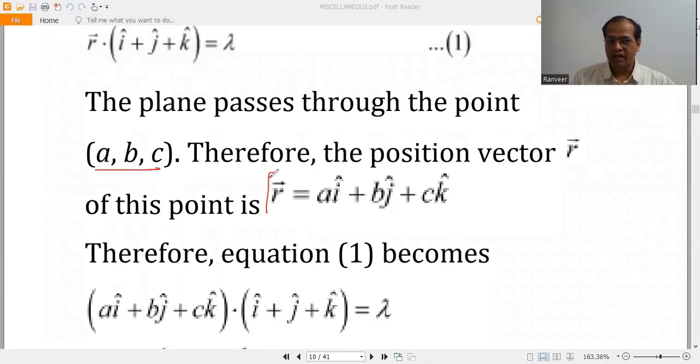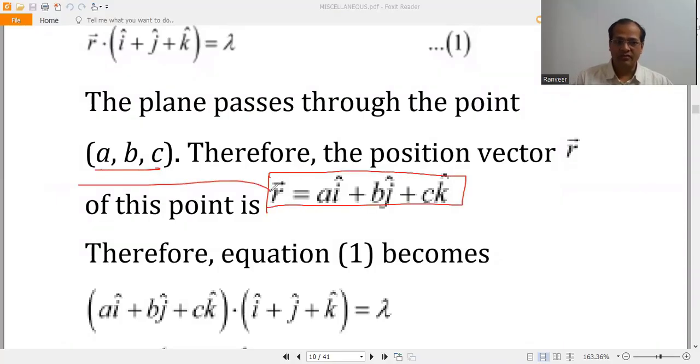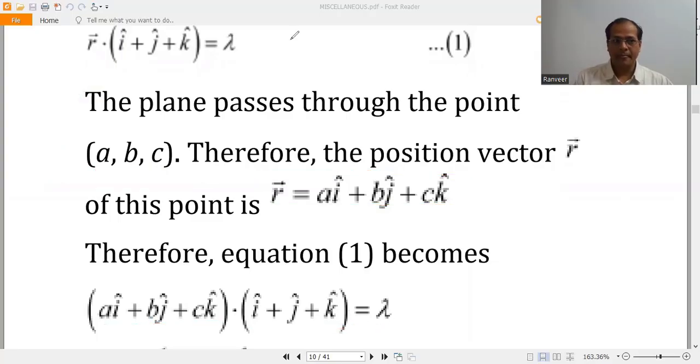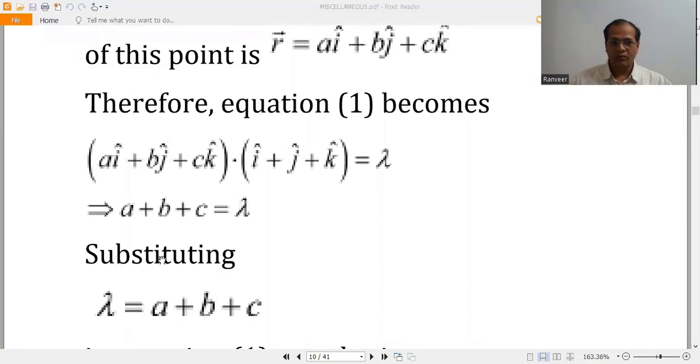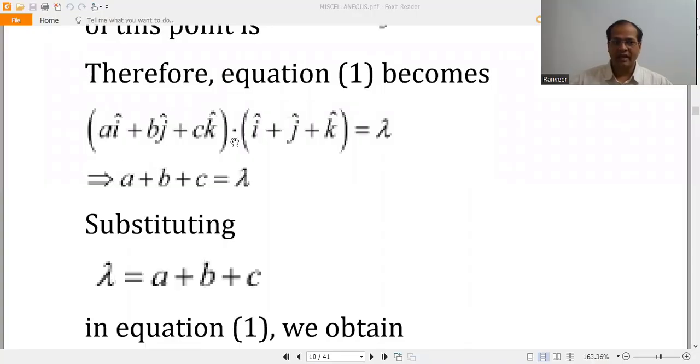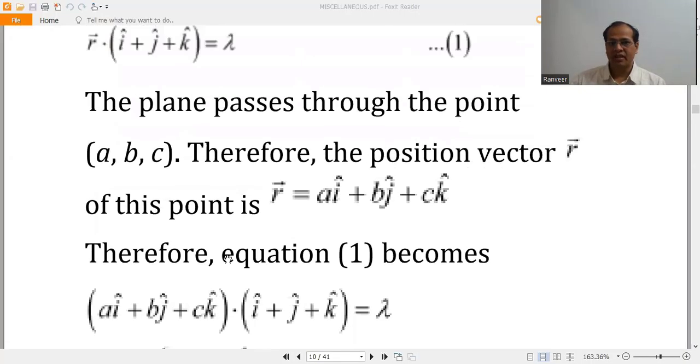We substitute this value in place of r: (ai plus bj plus ck) dot (i plus j plus k) equal to lambda. Now if you take the dot product, i dot i is 1, so a plus b plus c equal to lambda.